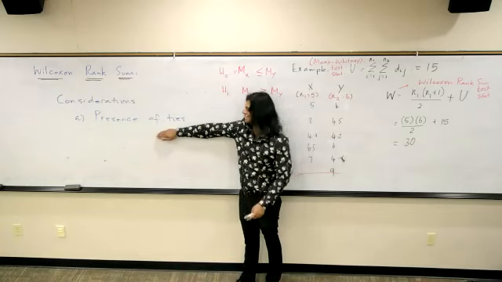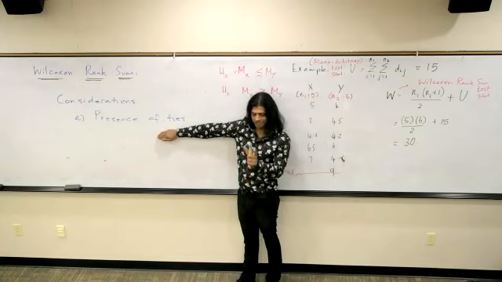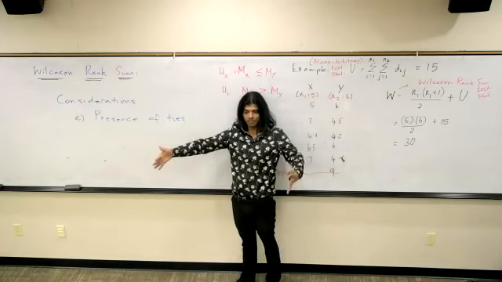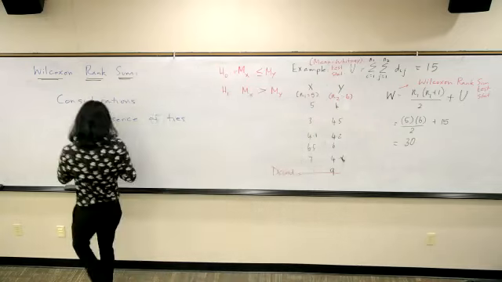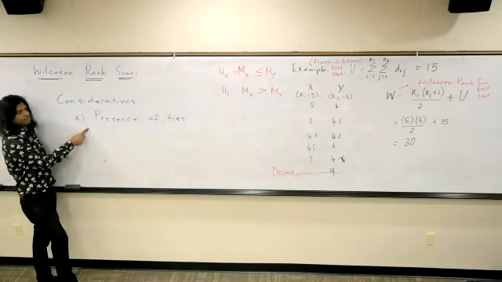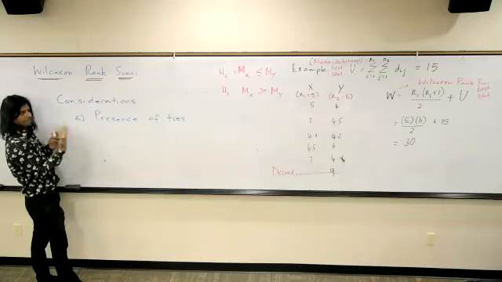And Diane. So you will see the expression for variance is pretty huge, and we don't want to do that. I'll write the simpler case after we do the example. So first consideration, presence of ties. We don't want ties usually.